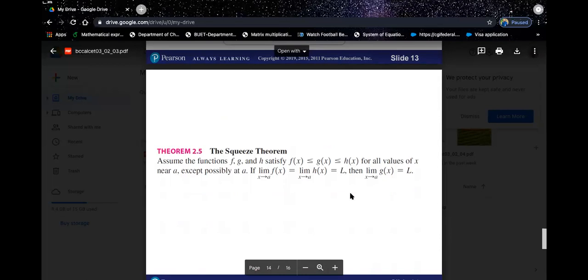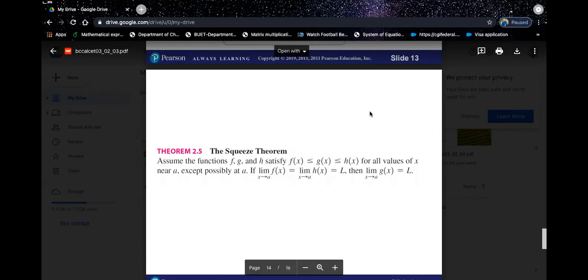That means g of x is lying in between f and h, like the cheese of the sandwich. These are the two pieces of bread, and this is the cheese. So it's getting squeezed between these two functions for all values of x near a, except possibly at a.